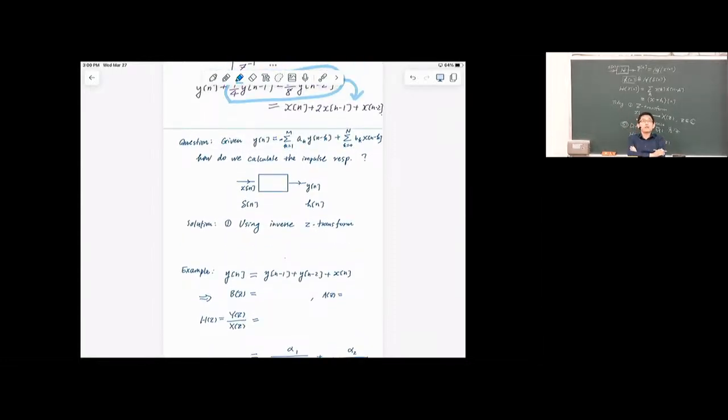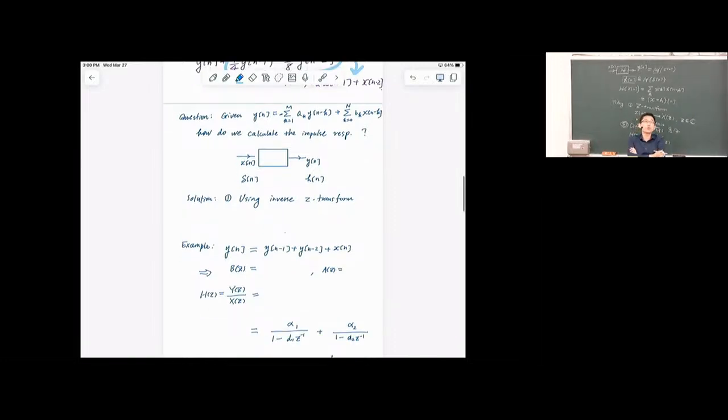In the next exercise, I'd like to show you an example of finding the impulse response given a difference equation. I've been telling you that a difference equation gives us an LTI system, right?